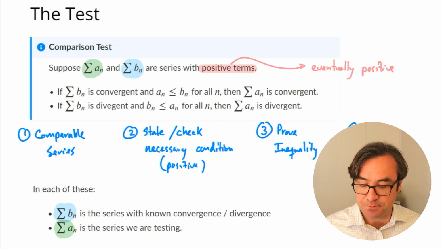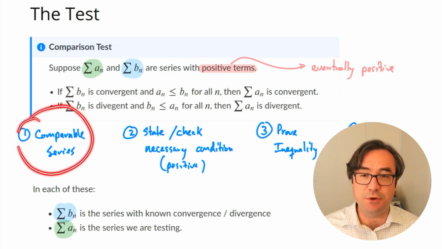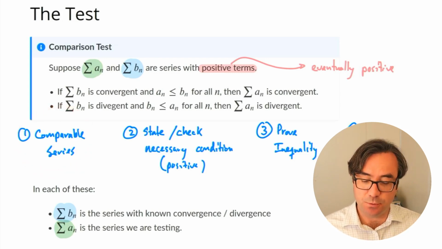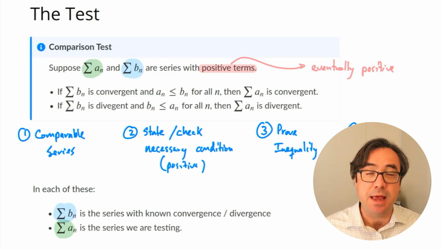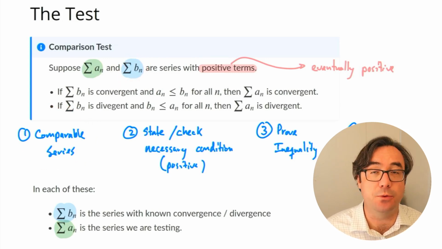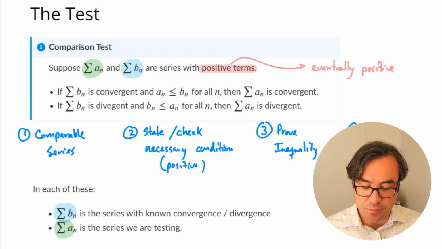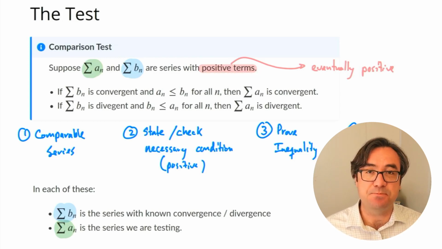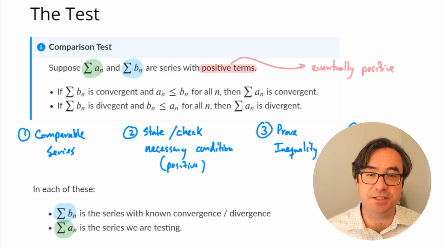The idea is, step one, we find a comparable series, which we call sigma bn. This is something that we do know whether it converges or diverges. In order to use this test, the necessary condition is they have to have positive terms.